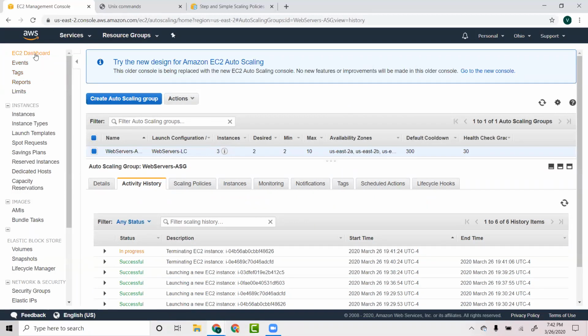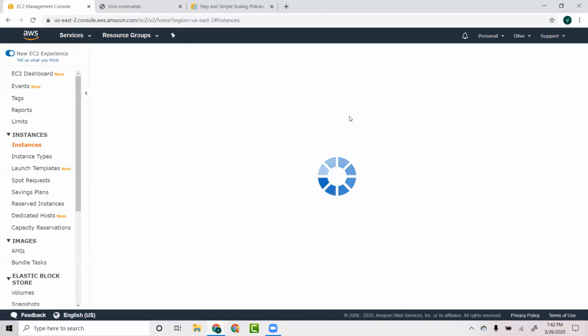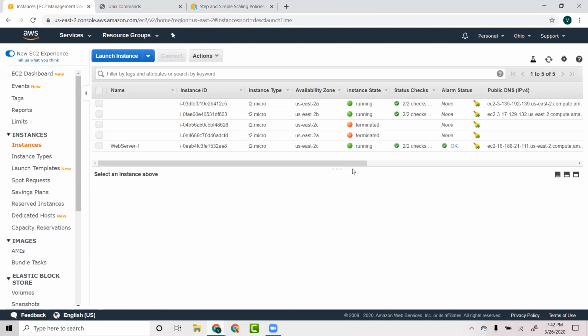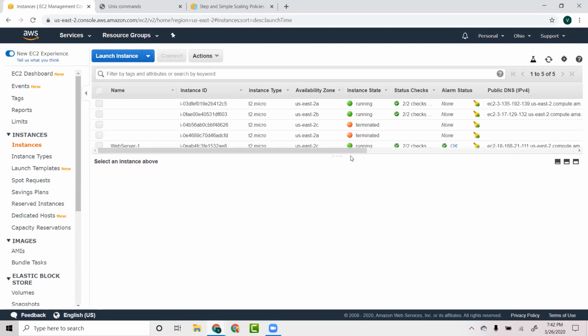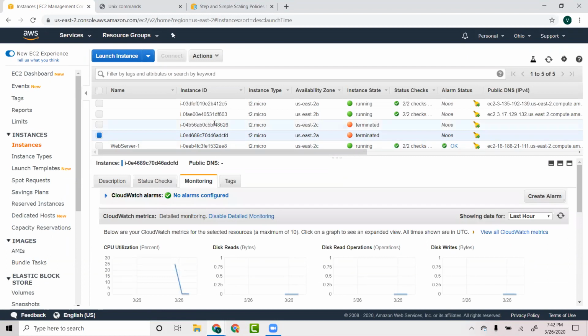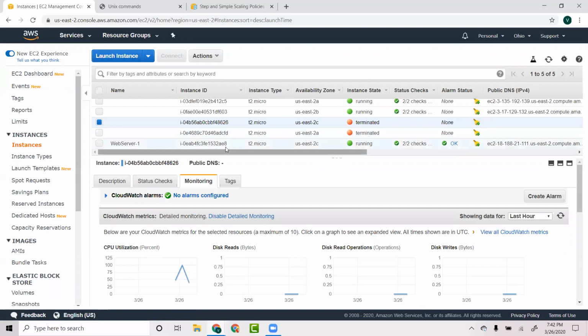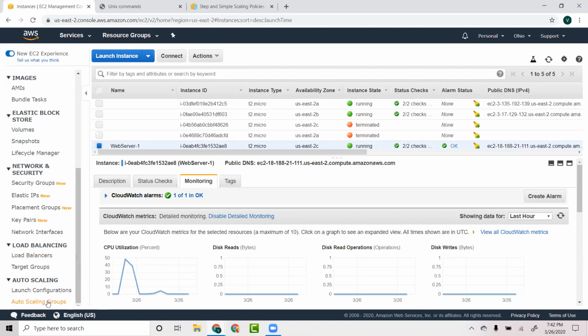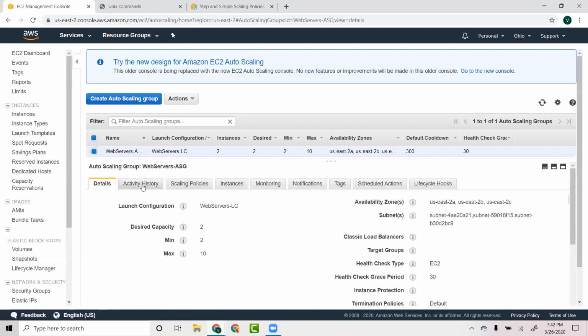Because it realized that in your EC2 dashboard, take a look at your EC2 dashboard. This is our web server 1. Web server 1 was intact. Let's take a look at your auto scaling group activity, what's going on there.